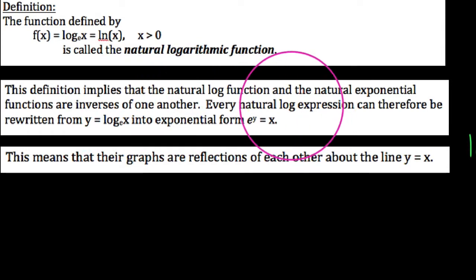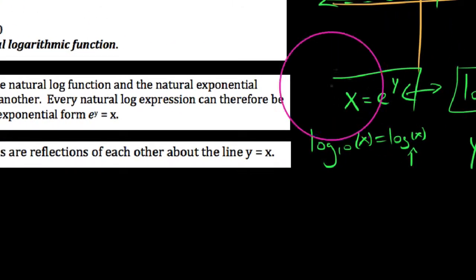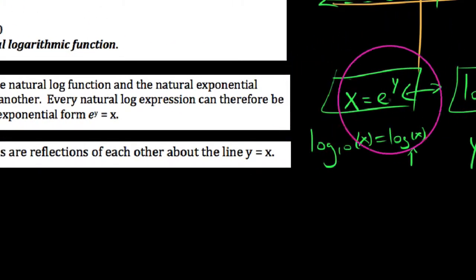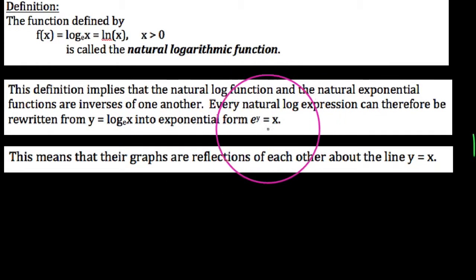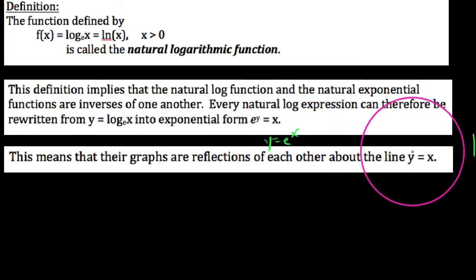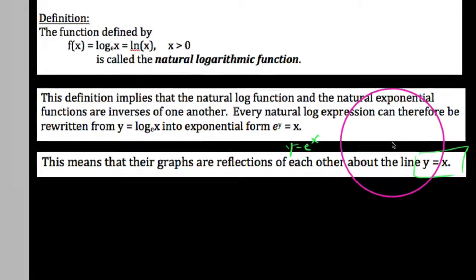So every natural log expression can be rewritten from the form y equals log base e of x into the exponential form e to the y equals x. Of course, every log can be rewritten in exponential form. What this means is that this is the inverse of y equals e to the x, which means their graphs are reflected about the line y equals x.